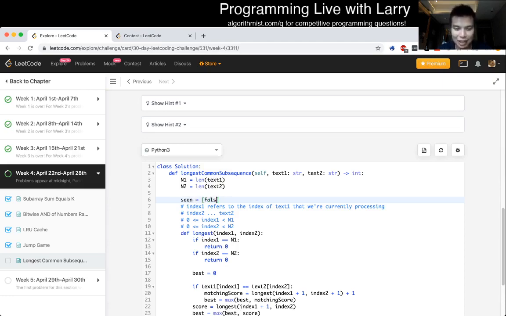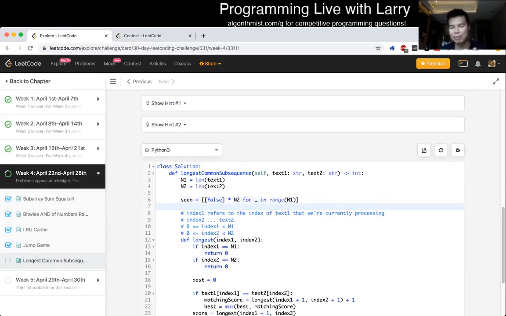This is in Python, so the syntax is a little bit weird, but basically it just creates an n1 by n2 matrix of booleans. Then we're going to do the same for the best score.